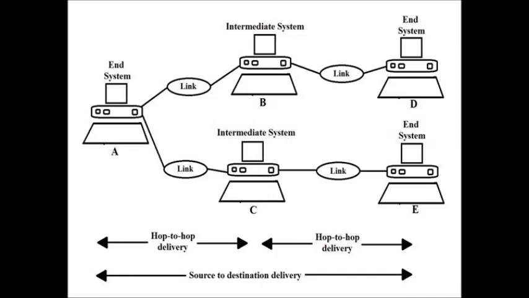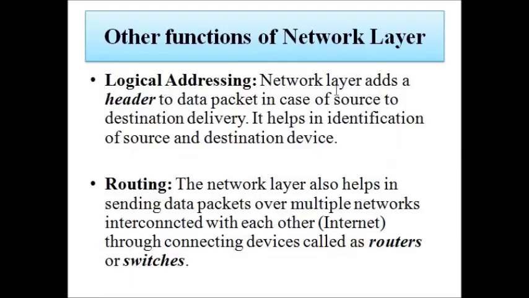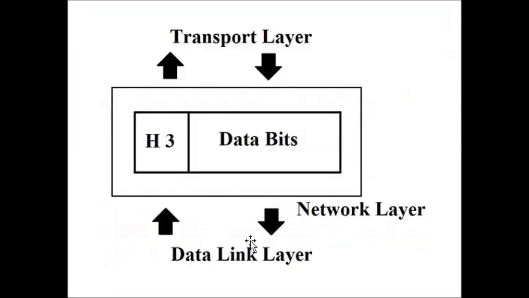The network layer has mainly two other functions. First is logical addressing. The network layer adds a header to the data packet. The data packet in the network layer looks something like this.